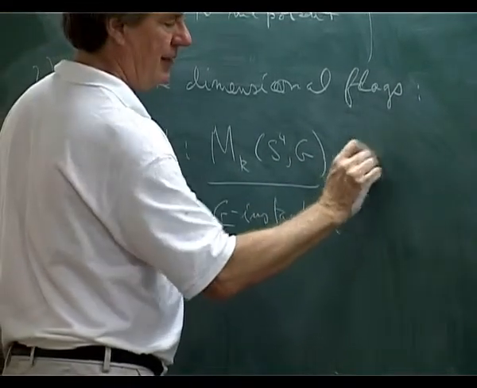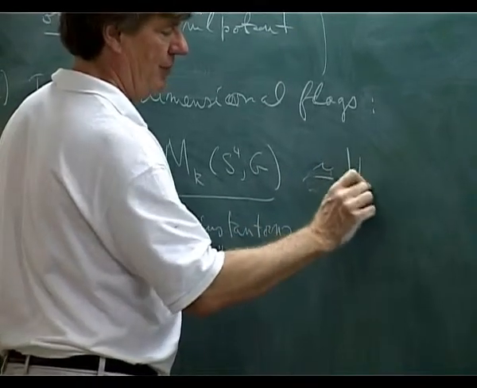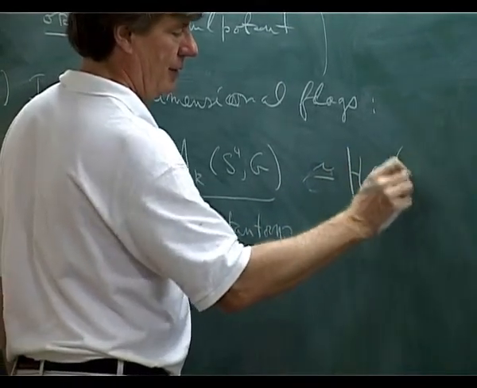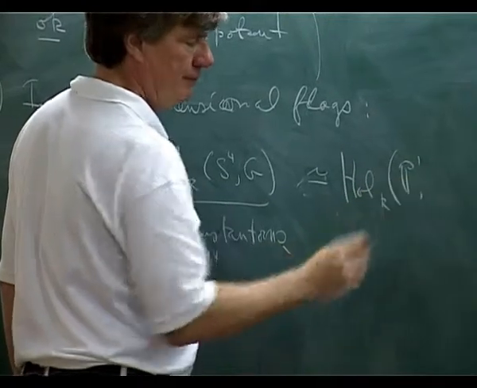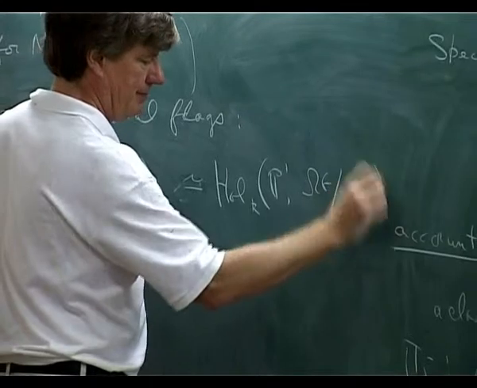This should be the same, basically, as the space of holomorphic maps of degree k from P1 into loop G mod loop G plus.